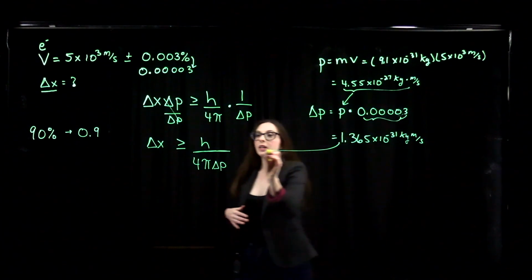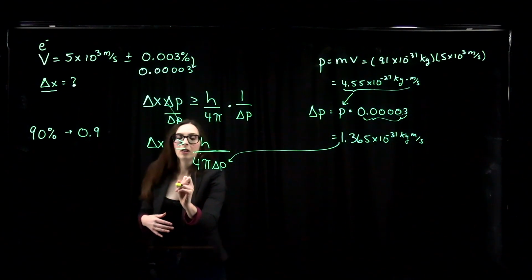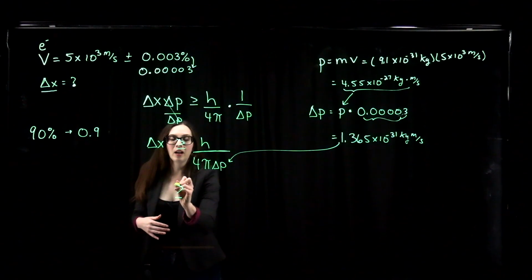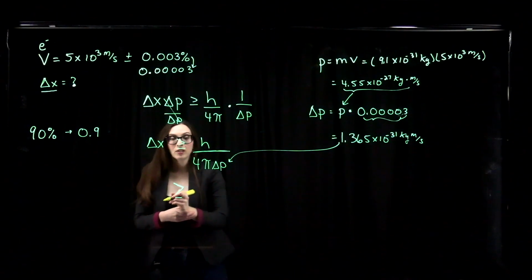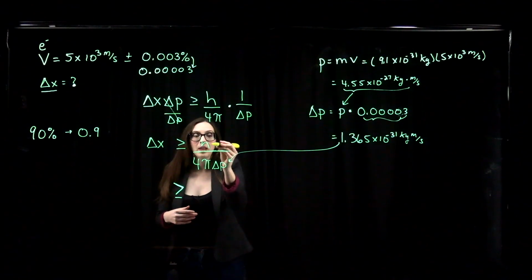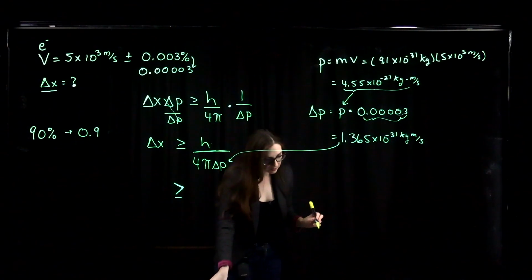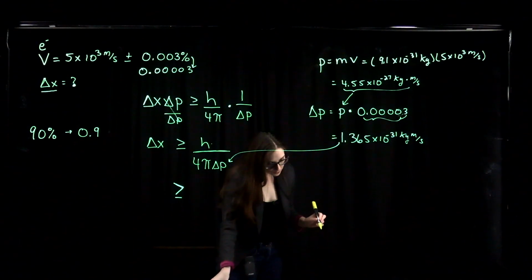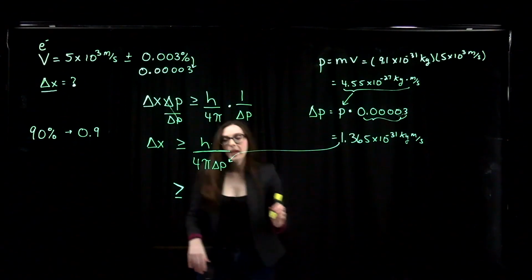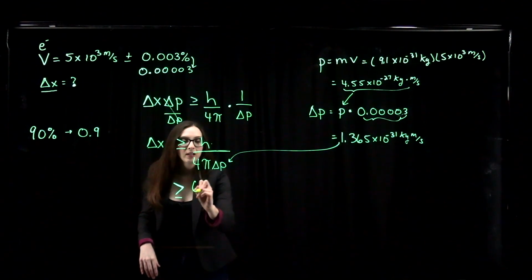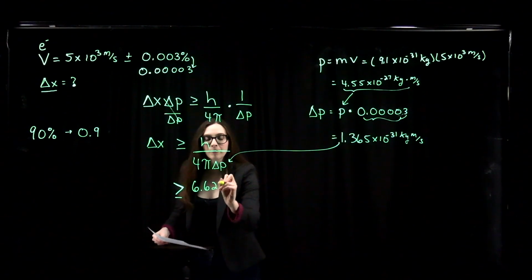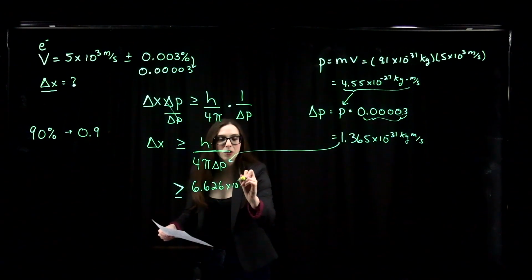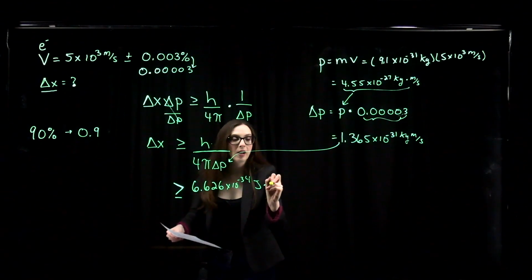And that's what I'm going to use right here in my equation for finding the minimum uncertainty on my position using Heisenberg's uncertainty principle. So for my Planck constant, I am going to use our Planck constant in joules times second. So that's going to be 6.626 times 10 to the minus 34 joules times second.